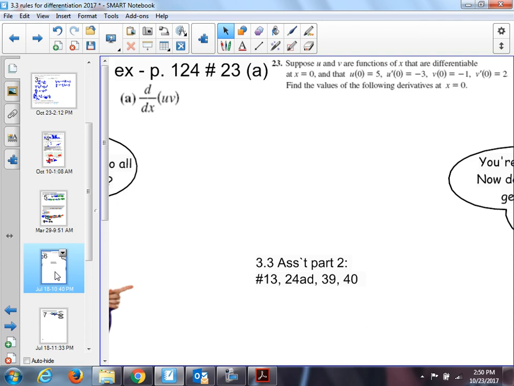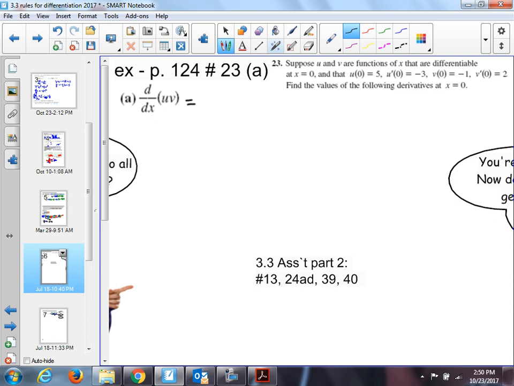We just don't know what they are. They could be like 3x cubed plus 5 is u, and 2x cubed minus x squared is v. You don't have to know that. All you have to know is how to apply this rule. This means do the derivative with respect to some variable x in there. Okay, I don't know what they are, but u and v, how do you do this?